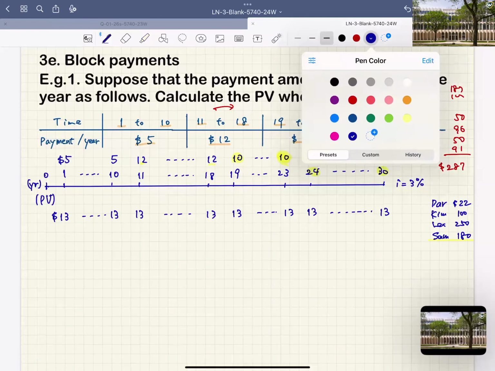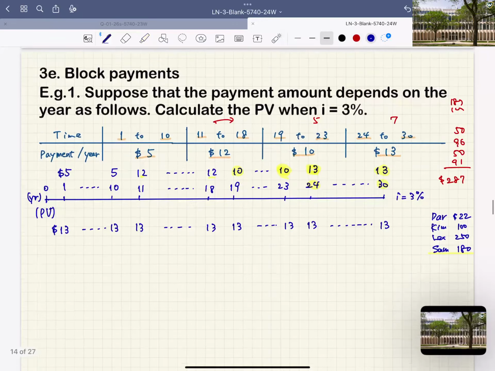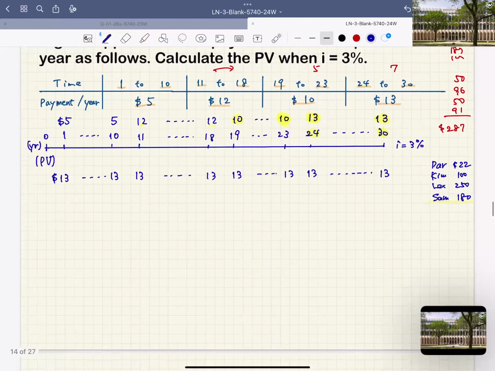So to make 13 into 10, we have to subtract 3. So that means we have to subtract 3. Right? So 13 minus 3 is 10. So we consider the $3, so negative $3 payments or $3 deposit maybe for 23 years.